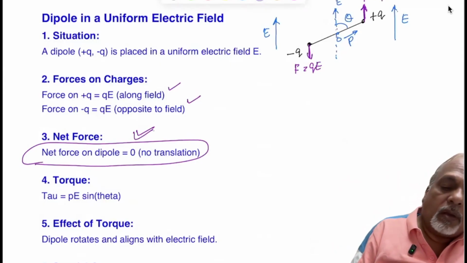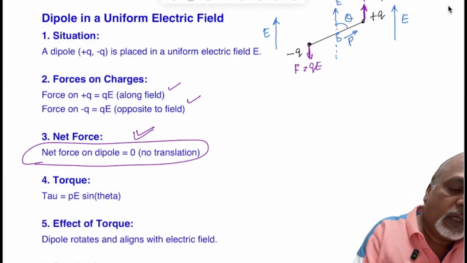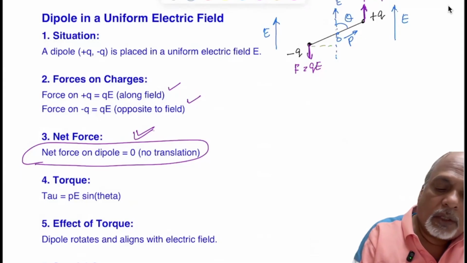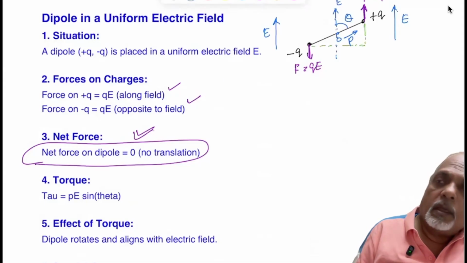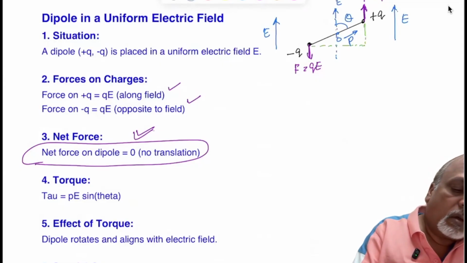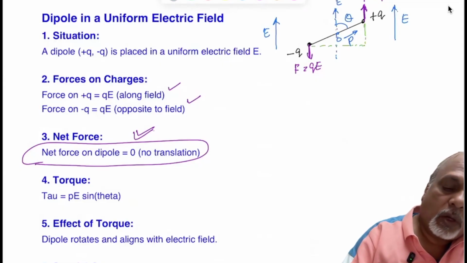But of course, if you see, suppose this is A and A, 2A distance is there.